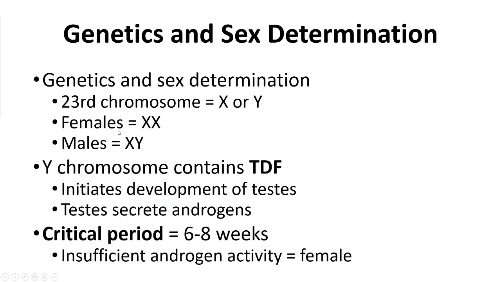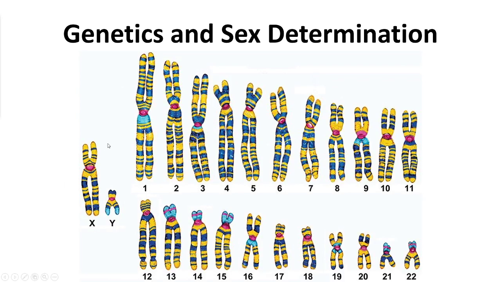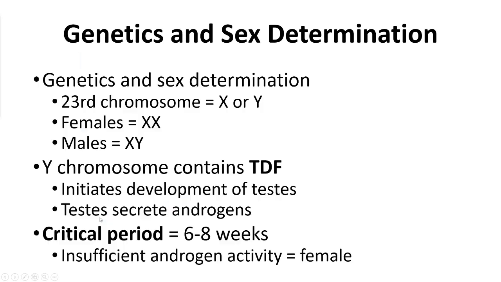In the case of females, they have 2 X's, so they'll end up with 2 of these larger chromosomes, whereas a male ends up with 1 X and 1 Y. And the Y chromosome in humans is actually what determines whether someone is biologically male or female.